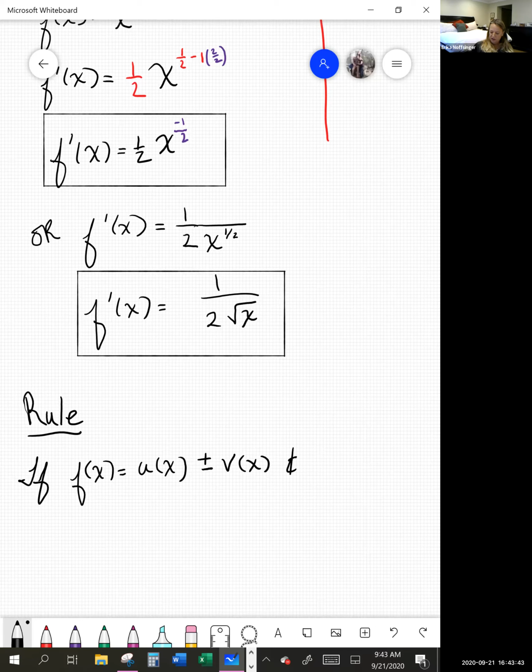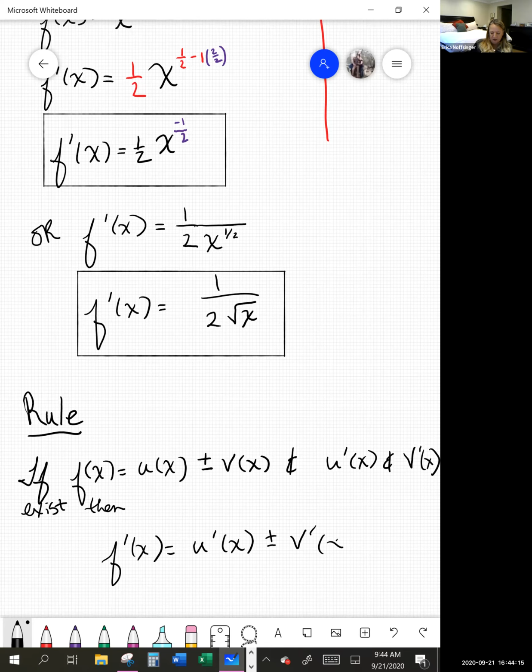And you're given that the derivative u prime of x and v prime of x exist. Then when you take the derivative of f of x, you can just take the derivative of each piece. So take the derivative of the first function plus or minus the derivative of the second function. Unfortunately, this is not going to be the case when we're dividing or multiplying.